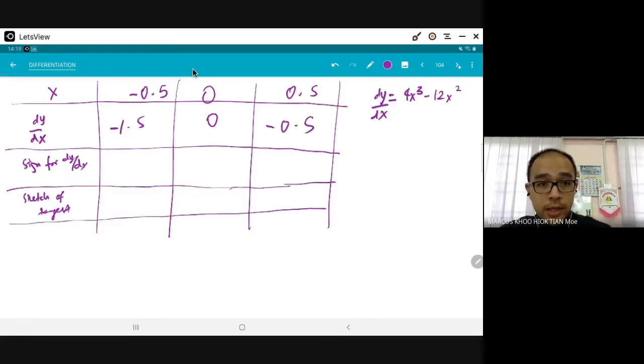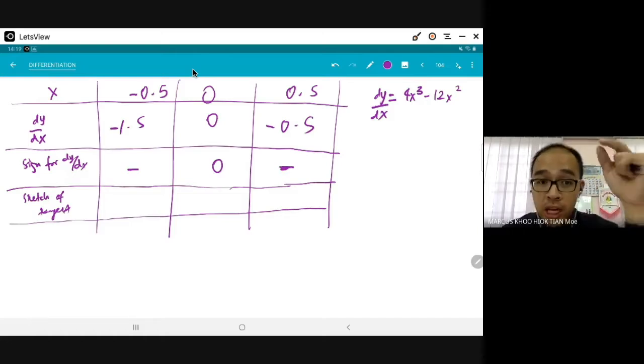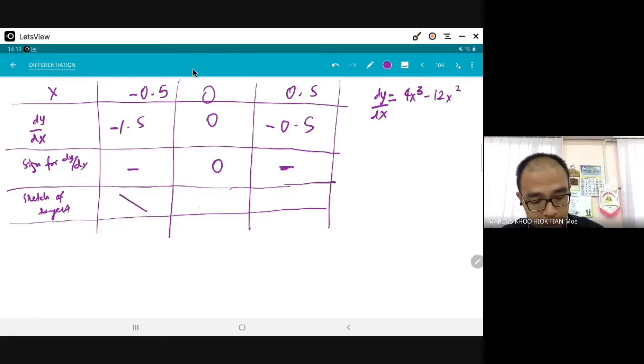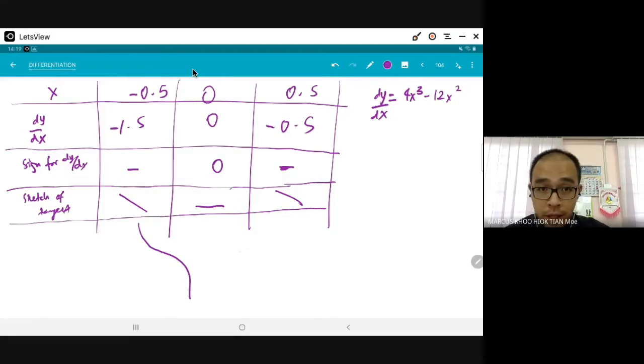So you notice that the sign for the dy dx is negative, and it still stays as negative. If the sign doesn't change, it means our graph is like this, right? Because it's negative and then negative again. So it has a shape like this.